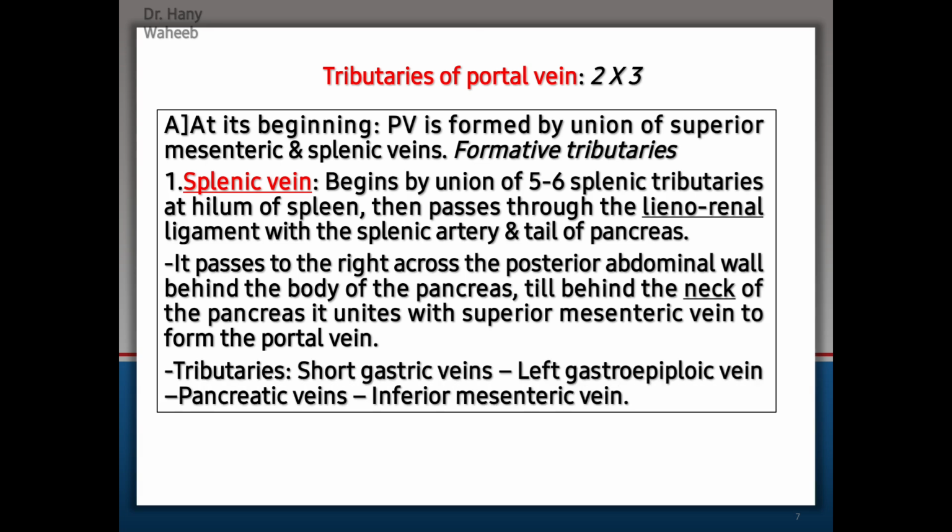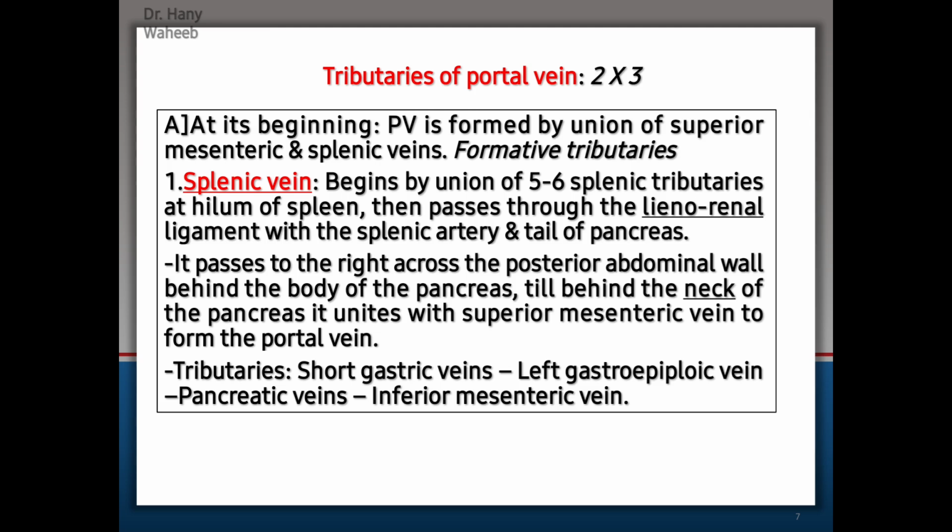What are the tributaries of the splenic vein? The splenic vein receives tributaries similar to the branches of the splenic artery. It receives the short gastric veins and the left gastroepiploic vein from the stomach, the pancreatic veins from the pancreas, and splenic veins from the spleen, 5 to 6 splenic tributaries.